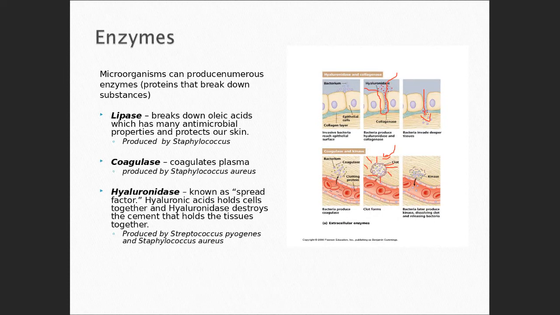Streptococcus pyogenes, Staphylococcus aureus, Vibrio vulnificus, there's a bunch of them, but they can spread in the body very quickly because they produce this enzyme called hyaluronidase, and hyaluronidase is known as a spread factor because of that. Okay? Questions?